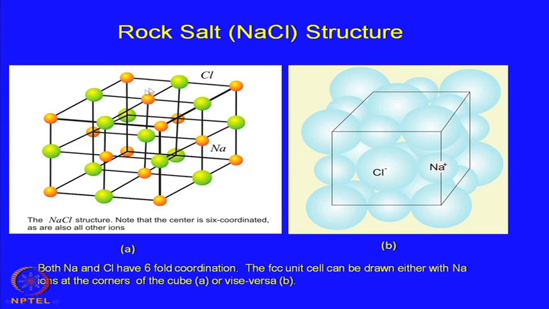From here also it is seen that the arrangement has been reversed. The edge centers are sodium ions, and the corners are the sodium ions, and the middle portions are the chlorine ions, and the arrangement is reversed.